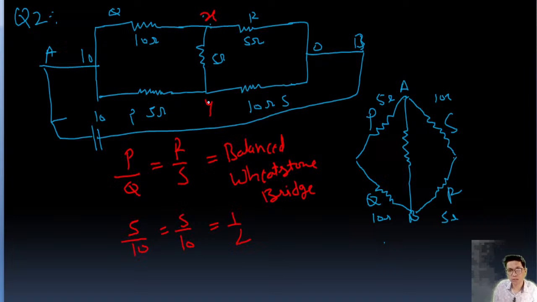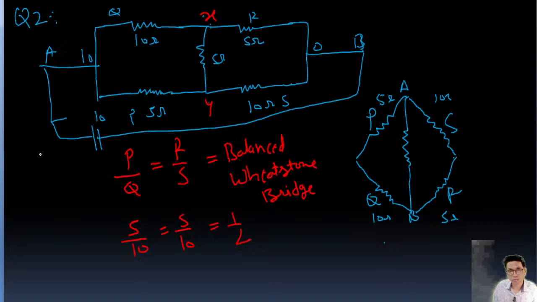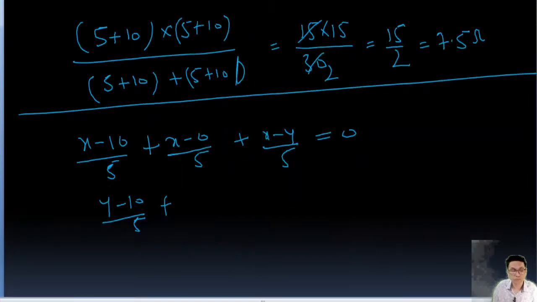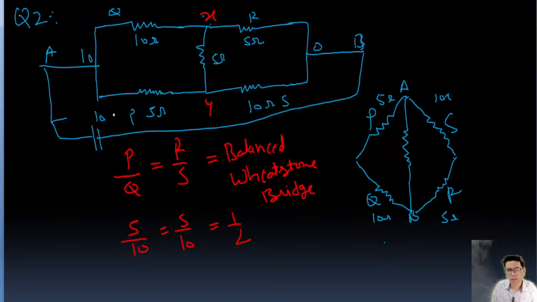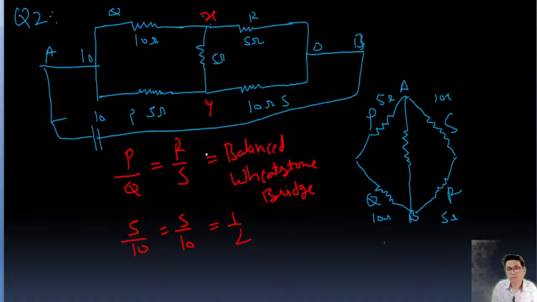Second equation for y is going to be y minus 10 upon 5 plus y minus 0 upon 10 plus y minus x upon 5, okay, and this one y minus 10 upon 5. This is y minus 0 upon 10.